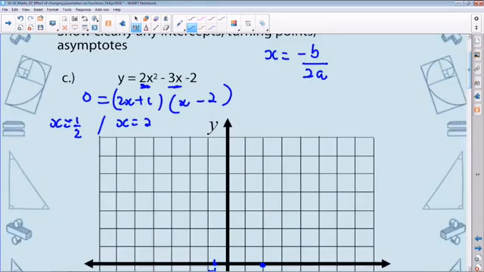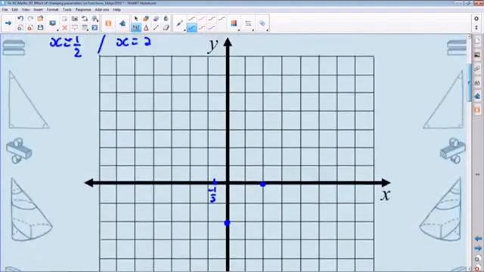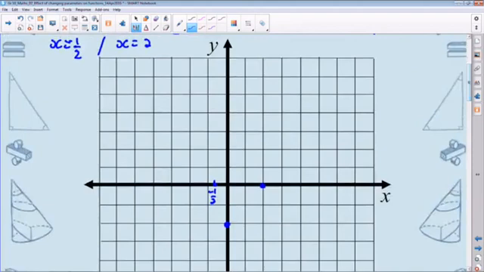So b is negative 3, all over 2a, where a is 2, so you've got 3 over 4. In other words, 3 over 4 is our mirror image, okay?